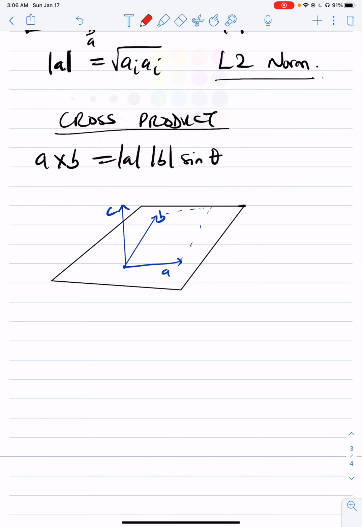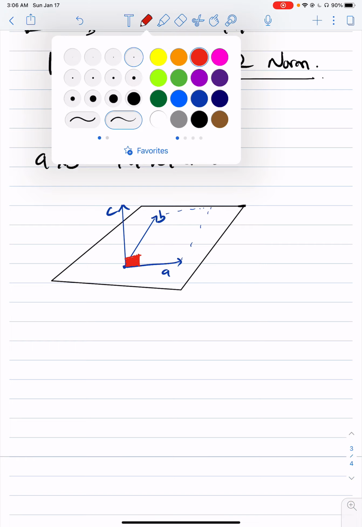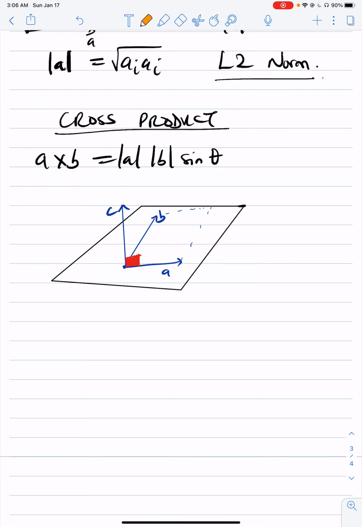Now, if you look at this closely, this one is perpendicular to this. This is perpendicular to this. Then this other one is perpendicular to this. That's B and C, perpendicular to this.